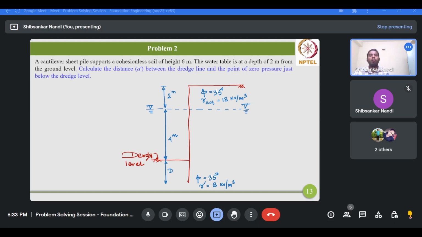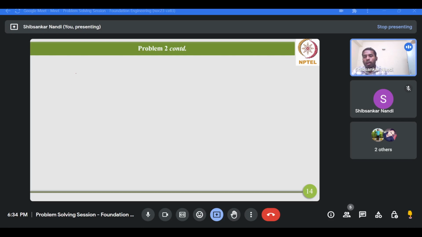Otherwise you can calculate it by subtracting the unit weight of water from the saturated unit weight of the soil, that is 18 minus 10, 8 kilonewton per meter cube. Now what you have to determine? You have to determine the distance between the dredge line and the point of zero pressure just below the dredge level.